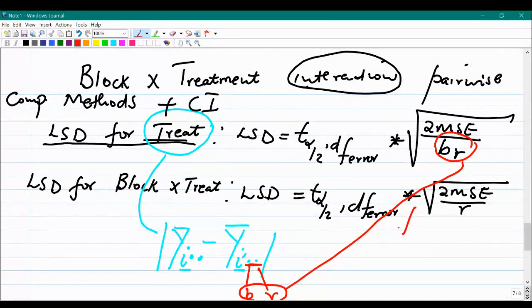So when you want to do the comparison for this one, you will say what? Y bar_ij dot. So the means that we are going to use here, these are the means, minus Y bar_i prime j dot, the different mean.